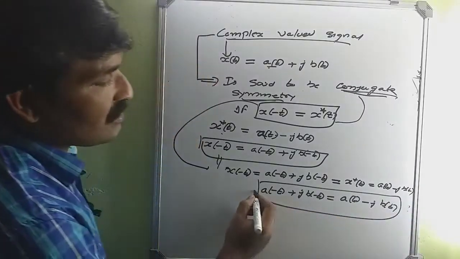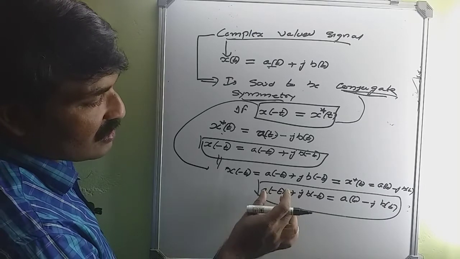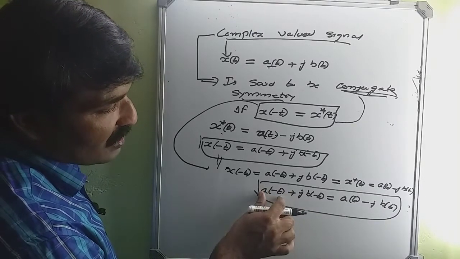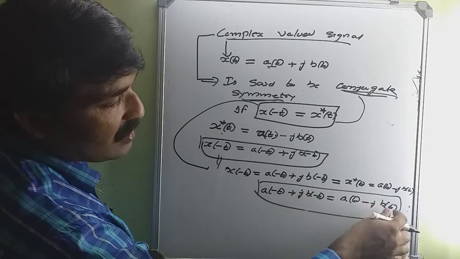Now comparing the real and imaginary parts, this is a complex signal. So a of minus t should be equal to a of t, and b of minus t is equal to minus b of t.